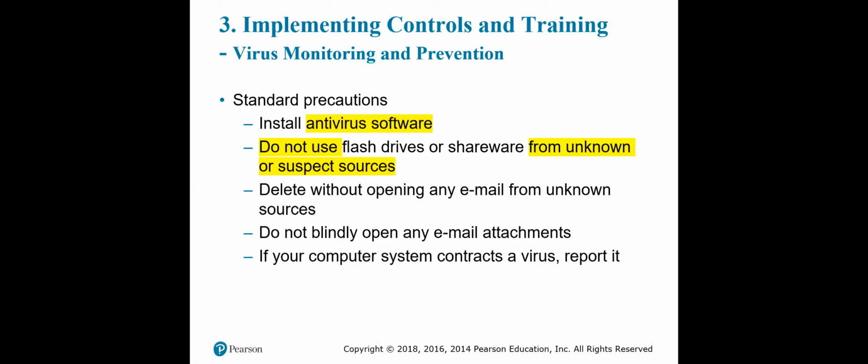Beyond antivirus software, the next most important step is to limit the potential for infection by avoiding unknown files and file sources. If your computer is infected, prompt reporting will allow the infection to be contained and minimize the impact. I think it gives us some lesson given the current pandemic outbreak, right?